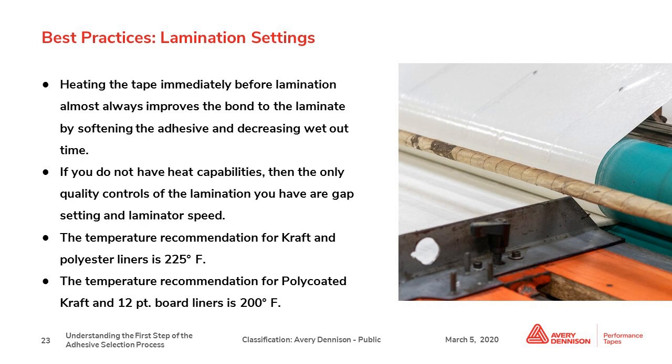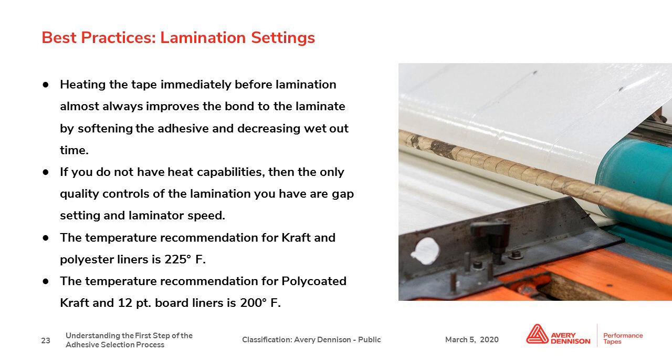And when it's in a softer, flowy state, by the time it gets nipped at the nip roller to the laminated material, it can really dig into the crevices and get some good mechanical interlocking. That is especially the case on porous foams or open cell foams that have been cut, or non-skin foams, but it is even the case with skin foams as well. When you really get that adhesive to flow, you're making good intimate contact with the surface, and when the adhesive cools down, it has a really good grip.